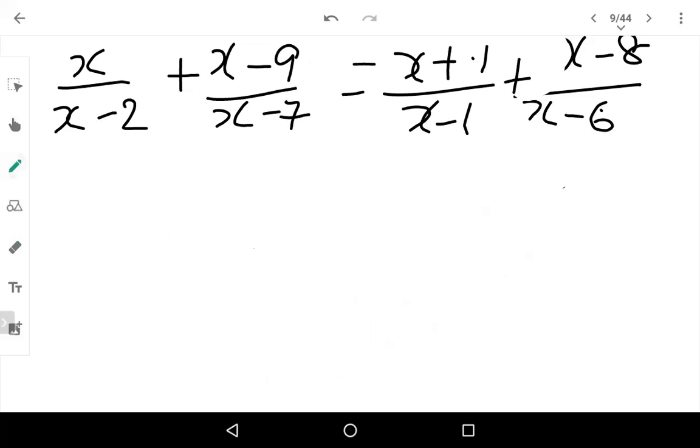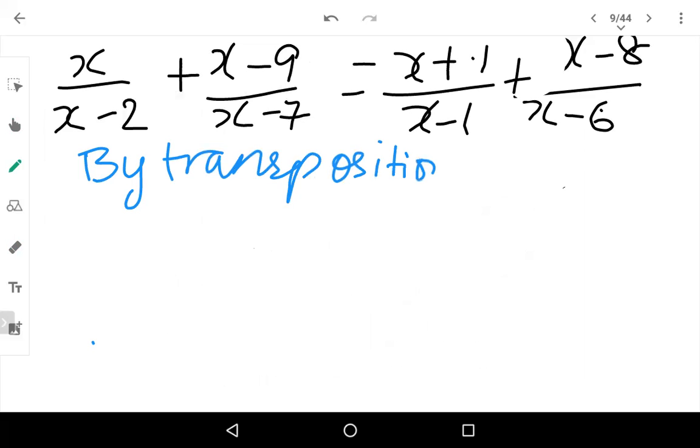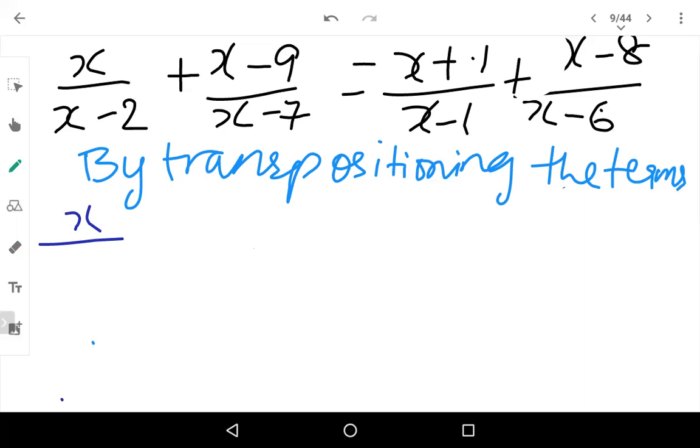Okay, so listen here, by transpositioning the terms, I'll keep this x divided by x minus 2 on the same side. Now I'm going to get this x plus 1 by x minus 1 onto the left hand side. So that will become minus x plus 1 by x minus 1.